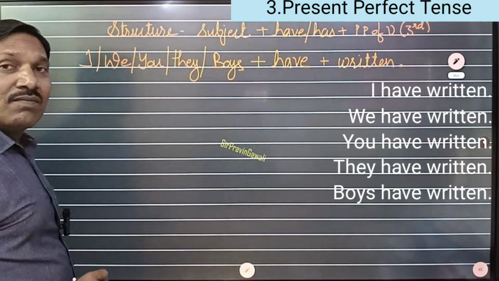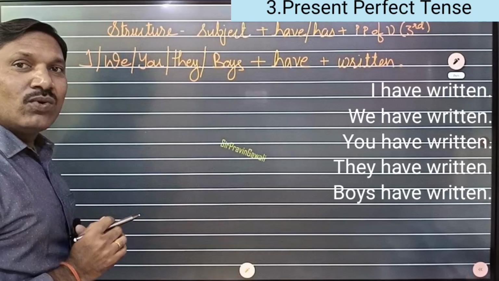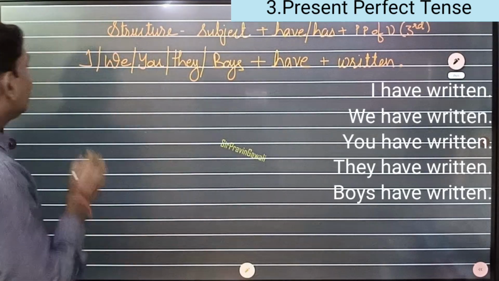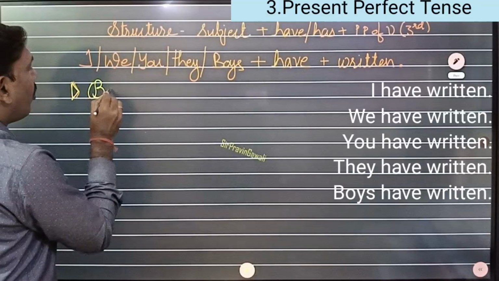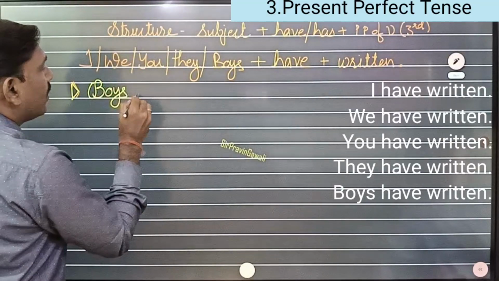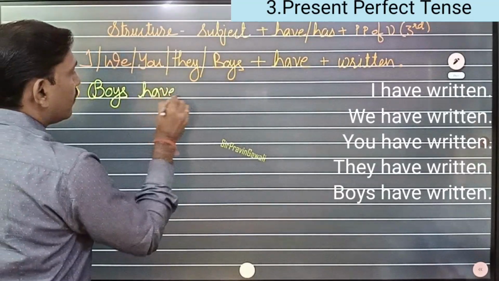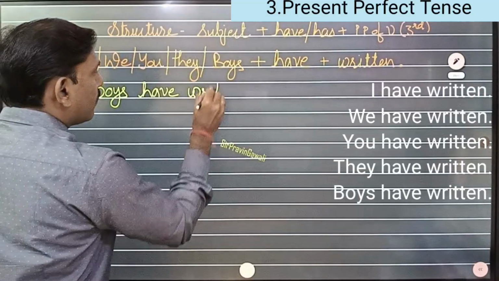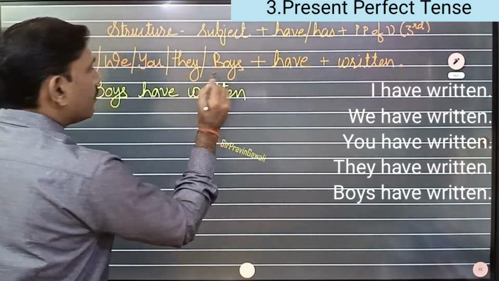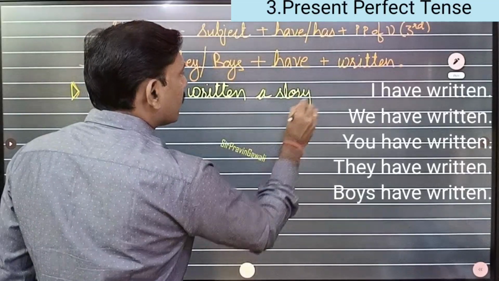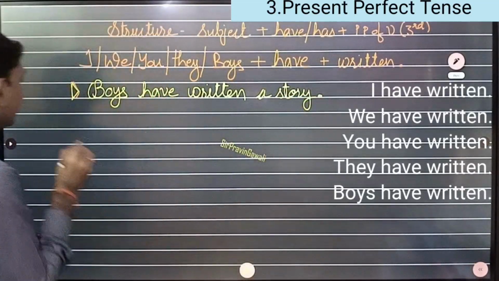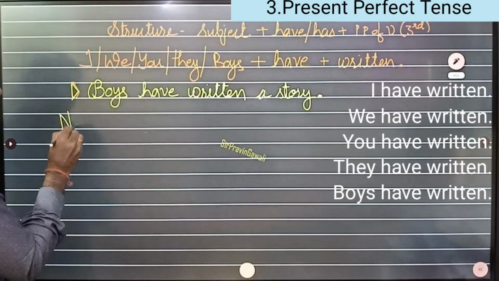Now students, here now how to make it negative? Let me give you an example of how to make it negative. Now the sentence is boys have written a story. Okay, now how to make it negative, students? Here very simple.